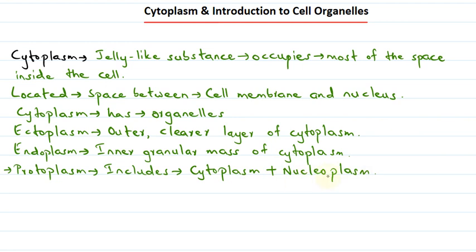So the nuclear sap together with cytoplasm forms the protoplasm, which is surrounded by the cell membrane or the plasma membrane, and consists of mixtures of macromolecules, ions, nucleic acids, proteins, etc.